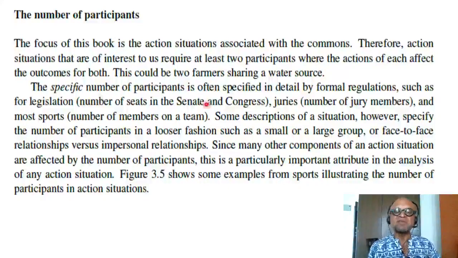The specific number of participants is often specified in detail by formal regulations, such as for legislation, the number of seats in the Senate or Congress, juries, the number of jury members that sit to make a judgment, and most sports, the number of members on a team.